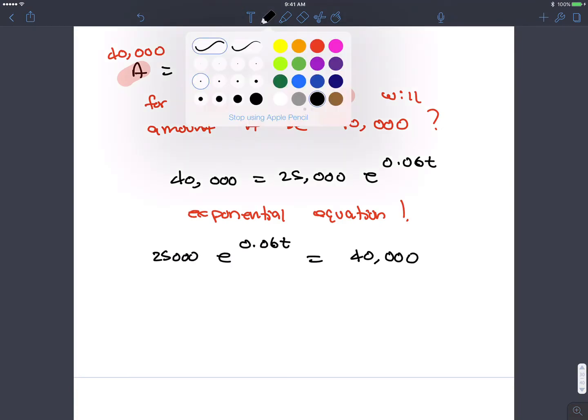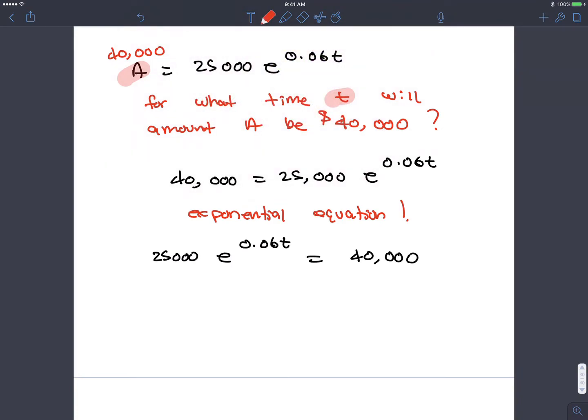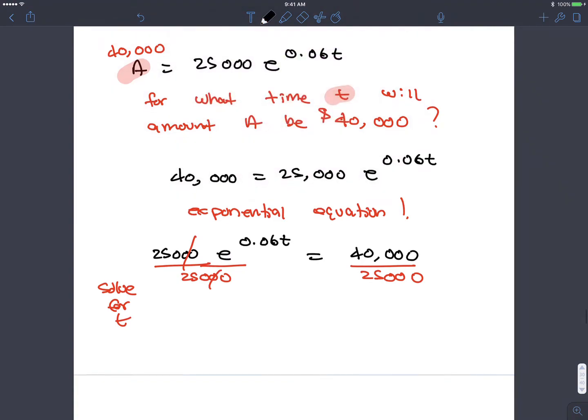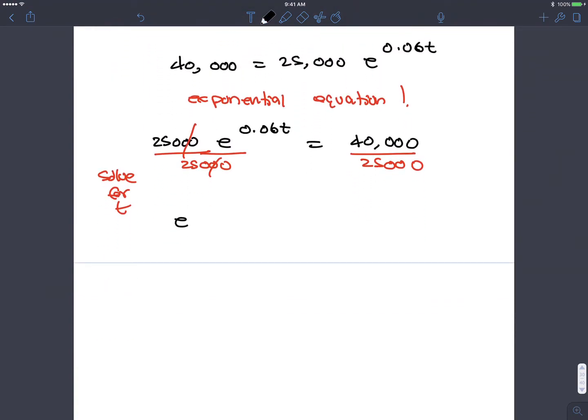Okay, so we discussed this. We're going to solve for the variable t, which represents our time, and we're going to divide by 25,000 on both sides. So we get cancellation. And we end up with e to the 0.06t is 40,000 over 25,000.